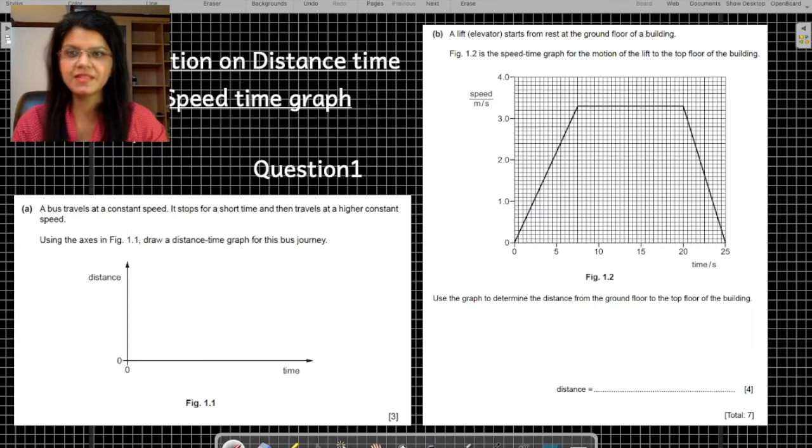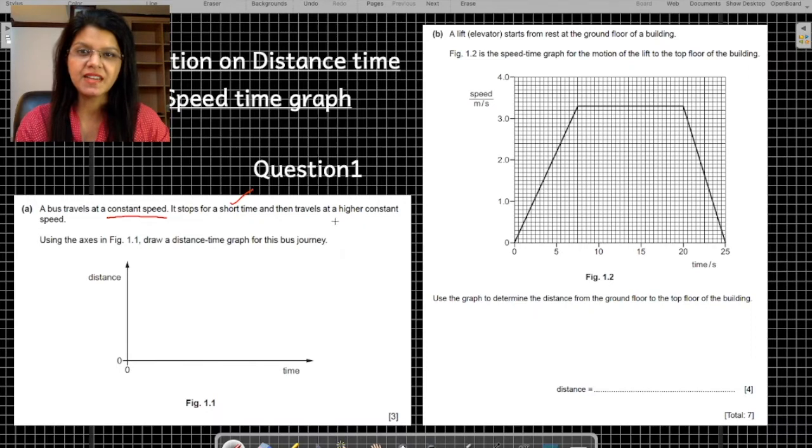Initially the bus is traveling at a constant speed. Then it stops for some time. Then travels at a higher constant speed. So the speed is constant. One is a smaller constant speed and next is a higher constant speed. In between it stops for a short period of time.